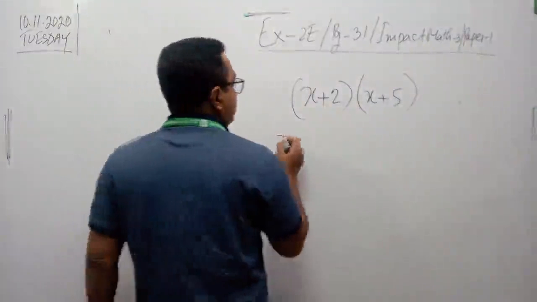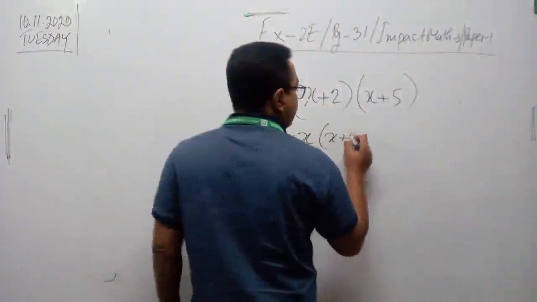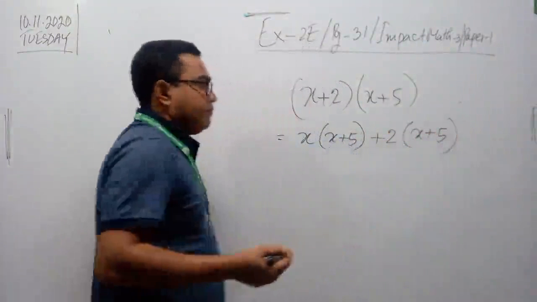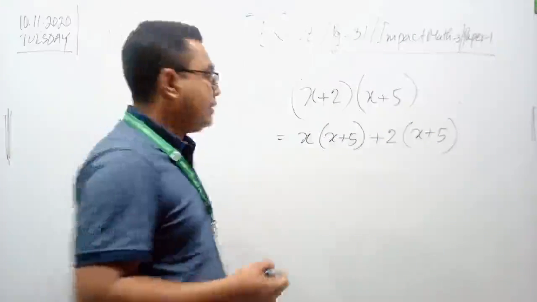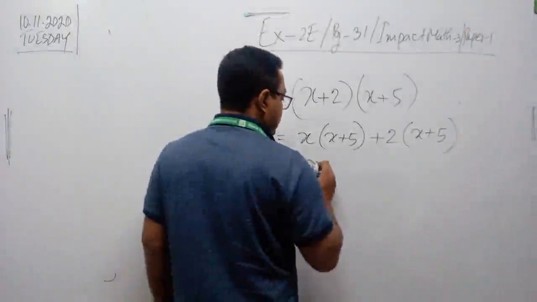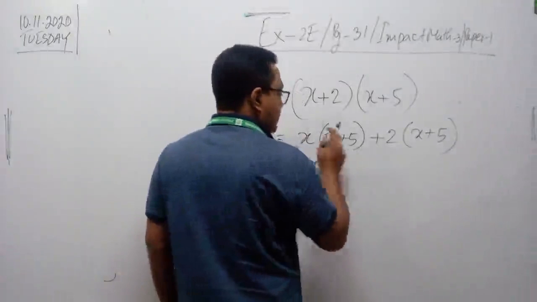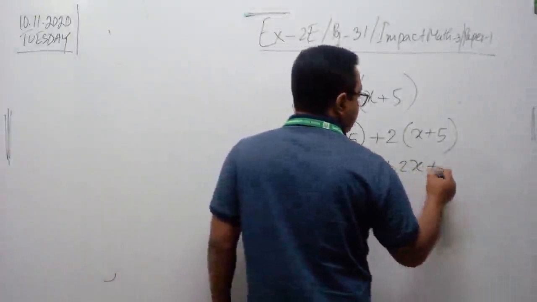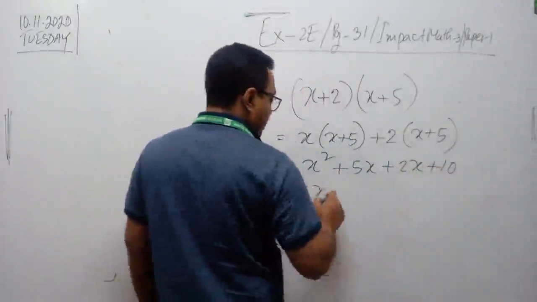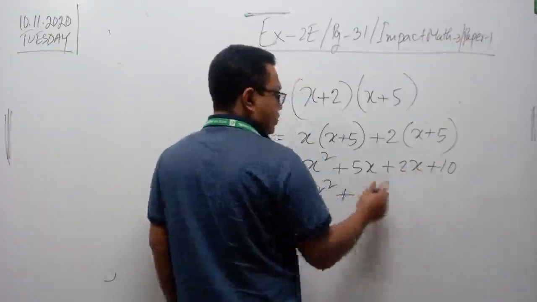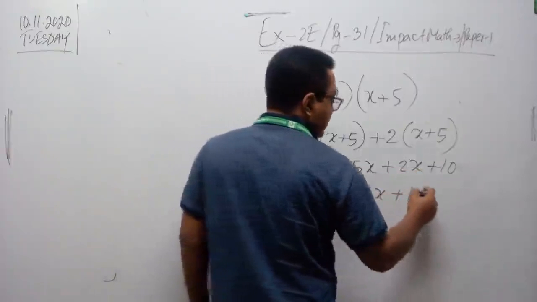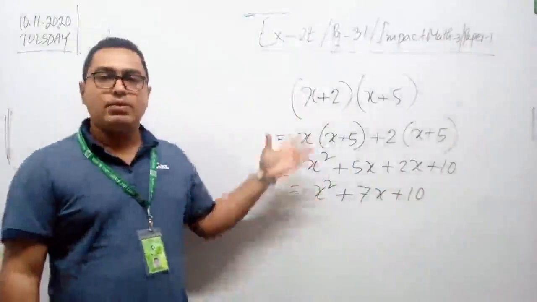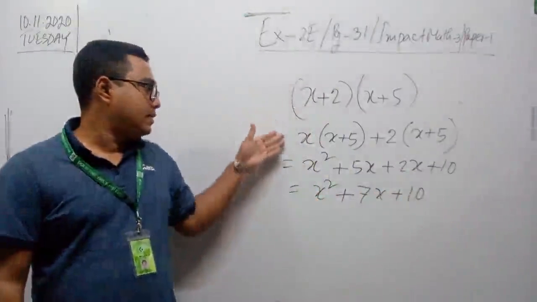Suppose x into x plus 5, plus 2 into x plus 5. The way we do this: x into x is x square, 5 into x is 5x, plus 2 into x is 2x, plus 10. Now, x square, 5x plus 2x, that is 7x, and the rest of the part is the number 10. This is the way we expand this bracket.